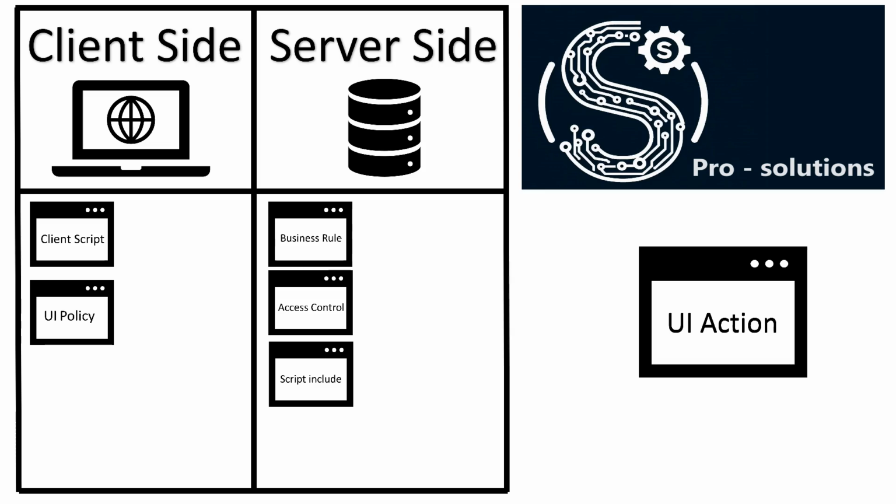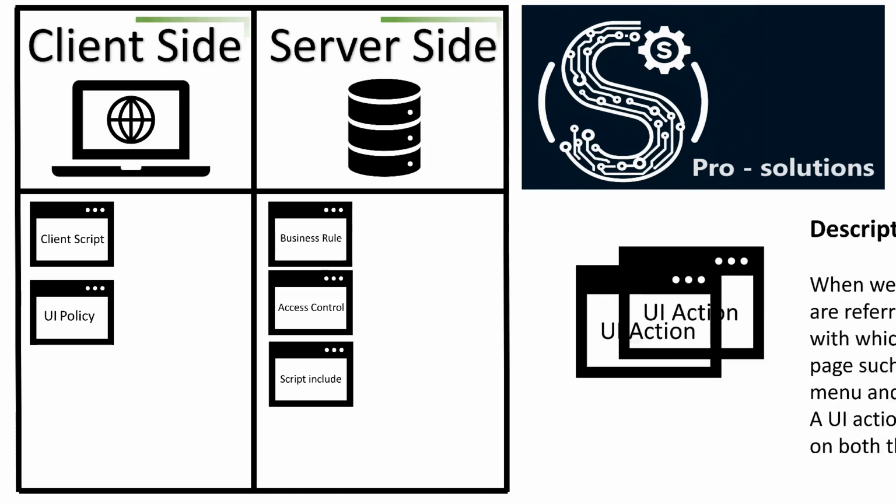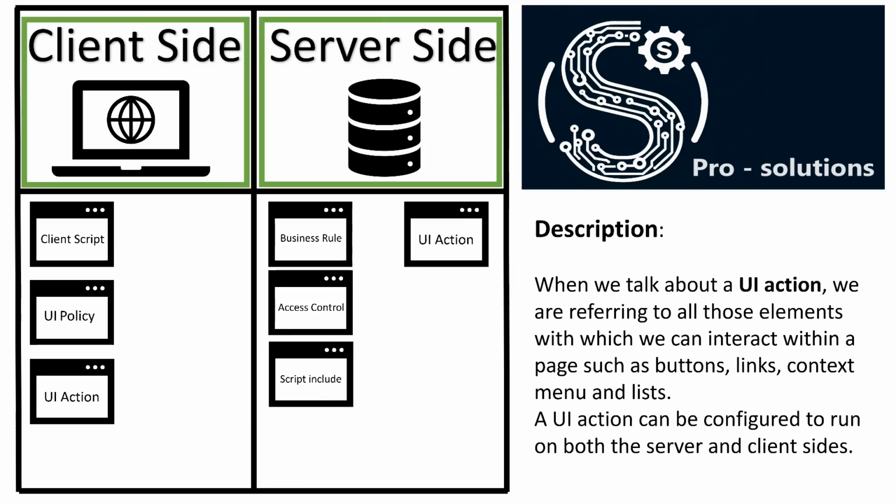And now we will move on to see the UI action. When we talk about a UI action, we are referring to all those elements with which we can interact within a page, such as buttons, links, context menu and lists.